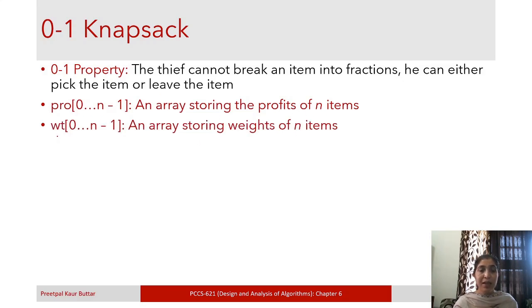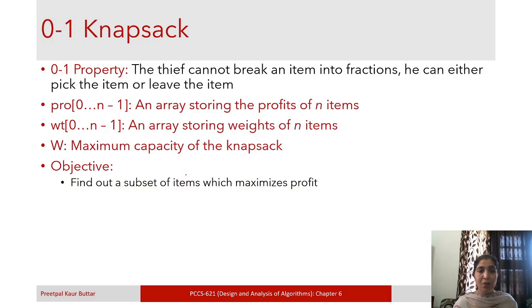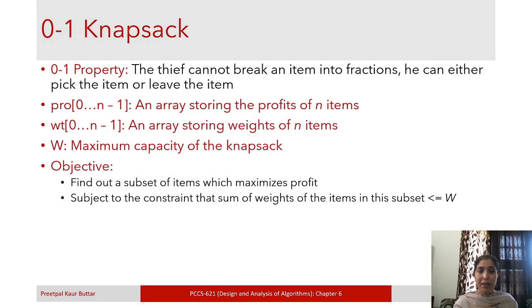Similarly, there is an array weight which is storing the weights of those n items, and we are also given the maximum capacity of the knapsack, that is capital W. And the objective is to find a subset of items. We have to pick some of the items such that it maximizes the profit. And the constraint is that the sum of weights of items in the knapsack should not exceed the capacity of the knapsack, right?